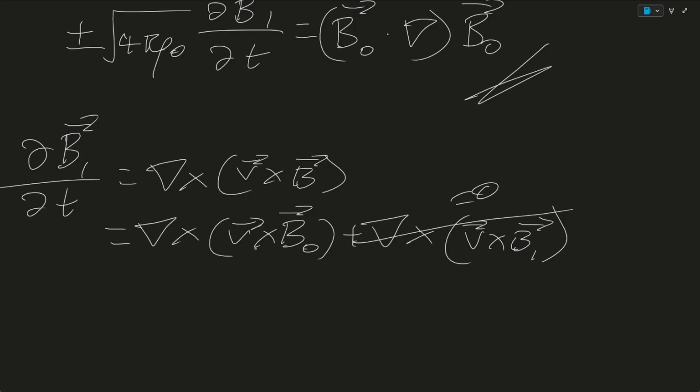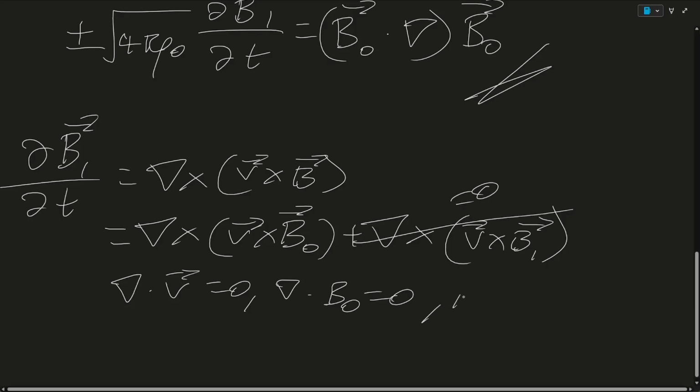Oh yeah, and then we can just use the identity. Also, note that del dot v is 0, del dot b naught is 0, b naught equals constant.